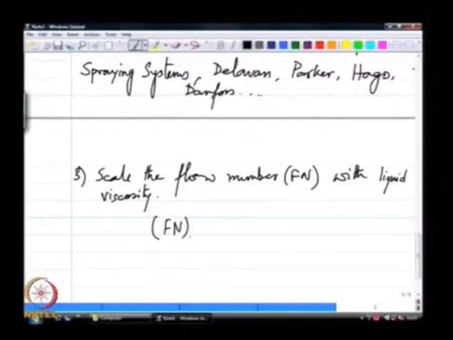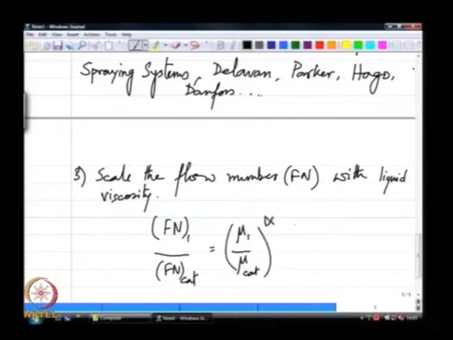So, typically, flow number 1 divided by flow number catalog is mu 1 divided by mu catalog raised to the power alpha. Now, the alpha itself would be a function of the design of the spray nozzle, and most manufacturers give this number alpha.